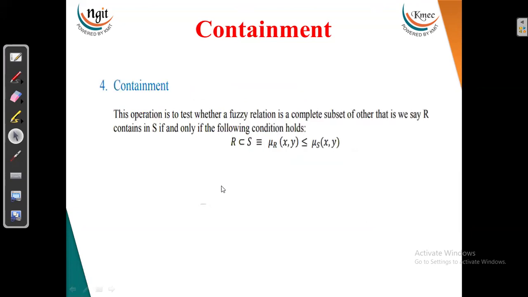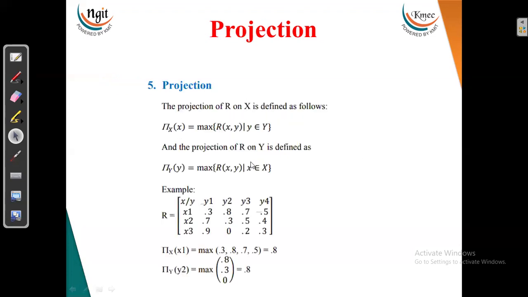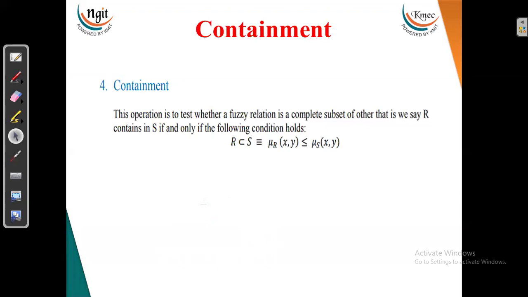Next operation, containment. Remember here one thing, it should be less than or equal between the two relations. This is R subset of S. I'm checking whether R is contained in S. In that case, mu R of x comma y should be less than or equal to mu S of x comma y. Then only R is contained in S. I'll give an example.